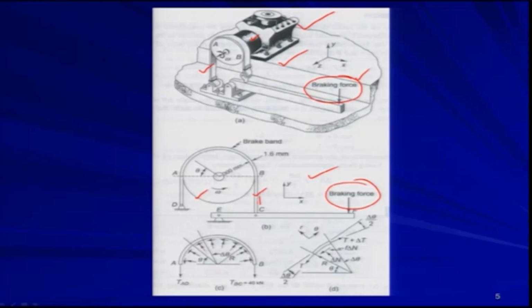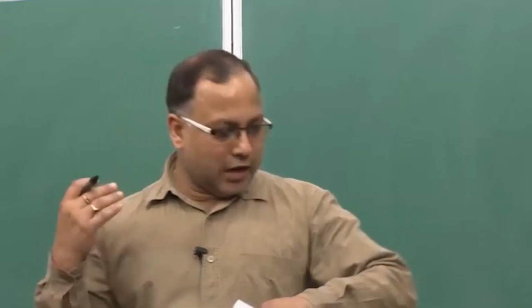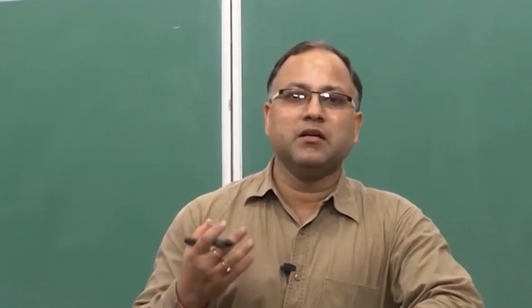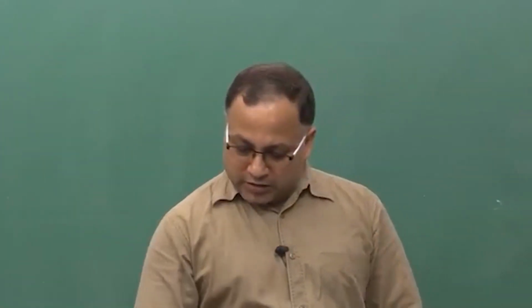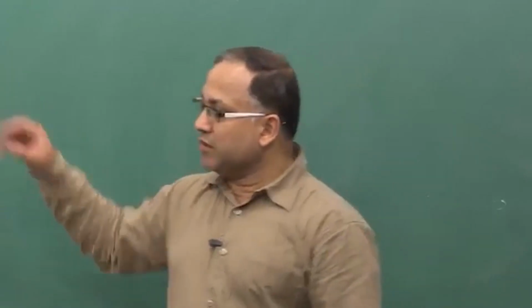Due to that, you will be applying some tension here, and some tension will be developed here also. Ultimately, as the wheel rotates, friction force will be developing at the interface between the wheel and the brake band. We need to find out how much tension is carried by the brake band, and only then can we design this brake band, or rather belt. So, this is the requirement, or the objective, of studying this mechanism.